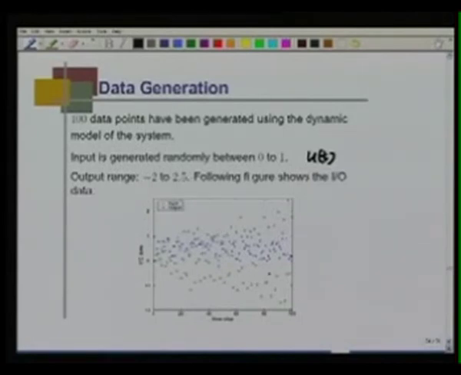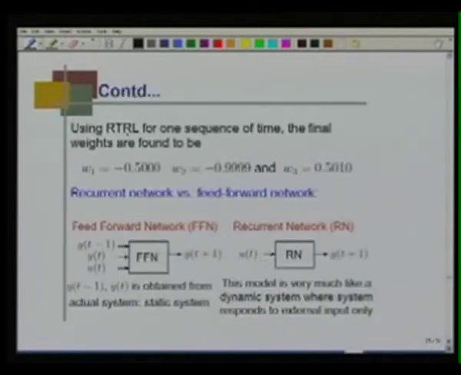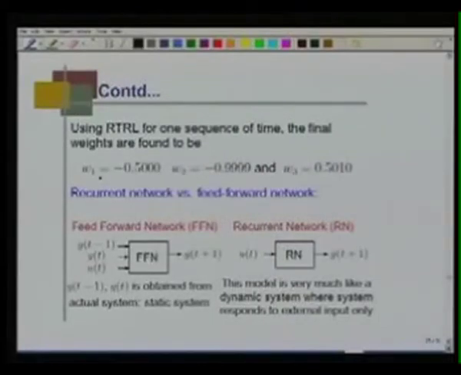Using RTRL for one sequence of time, you have a 100 data set and over that when you train, finally after training W1 is minus 0.5, W2 is minus 1 as required and W3 is 0.5.